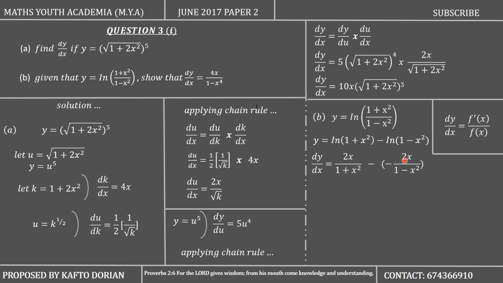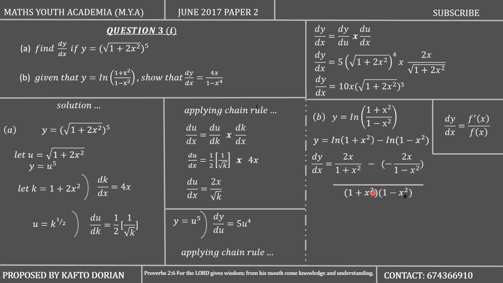Minus 2x, divided by the function. Then we simply find the LCM, in which we will divide now this LCM we are having here.